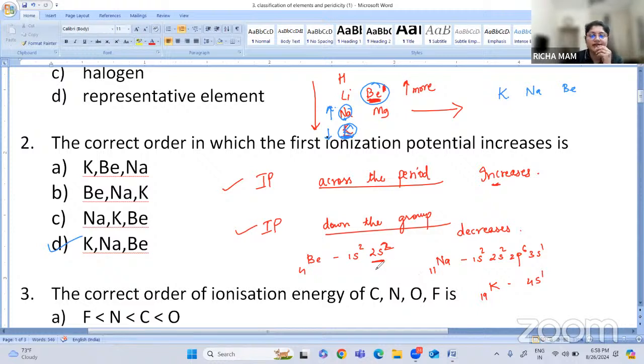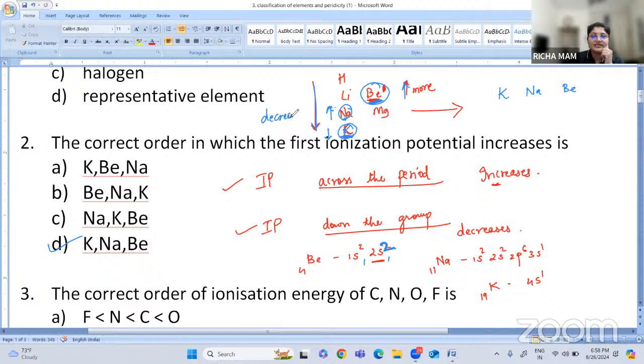Now, when you see the removal of electrons, this is completely filled, it is in duplet state. So the energy required to remove these electrons will be very difficult. So the ionization potential will be more in beryllium, because across the period it will be highest. When comparing sodium and potassium, as you go down the group, it will decrease.